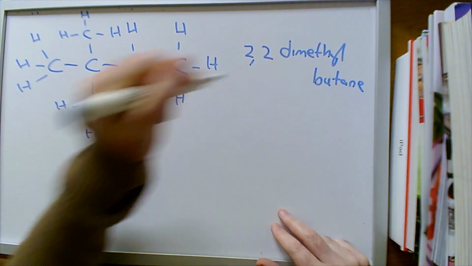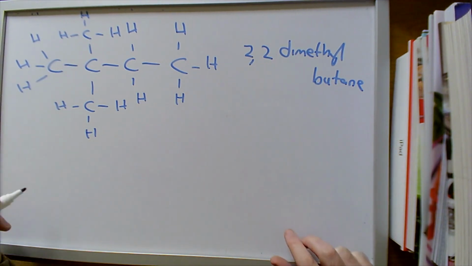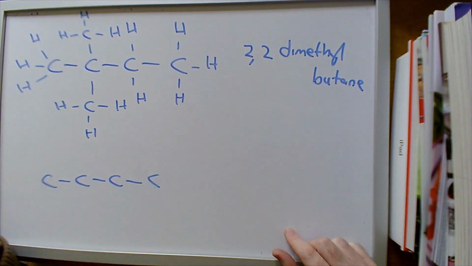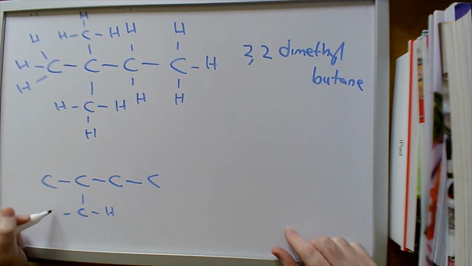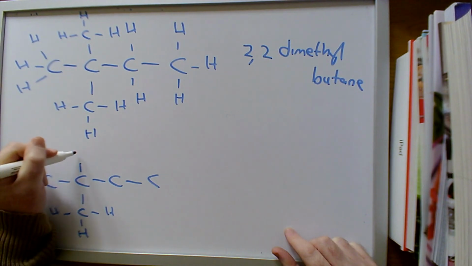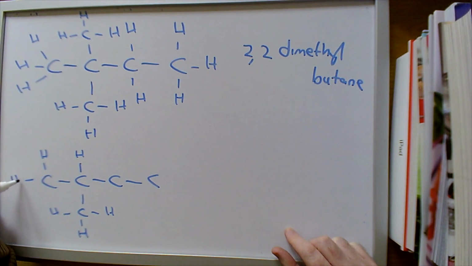Now, there is only one isomer left, and this isomer will also have 4 carbons in the longest chain, but I have to put the CH3 groups now in different positions. So I'm going to put one CH3 on the second one, and I'm going to put another CH3 on the third carbon.